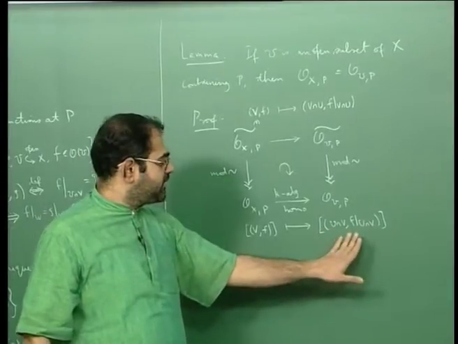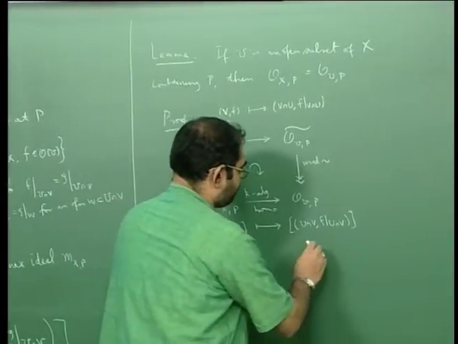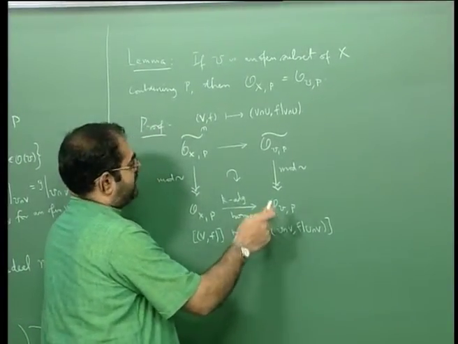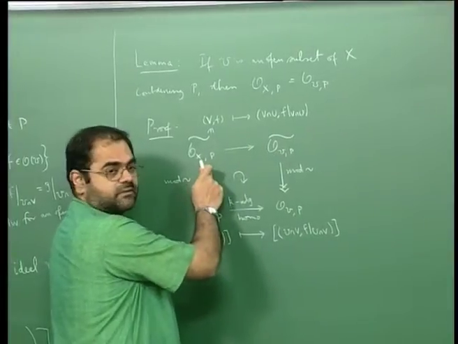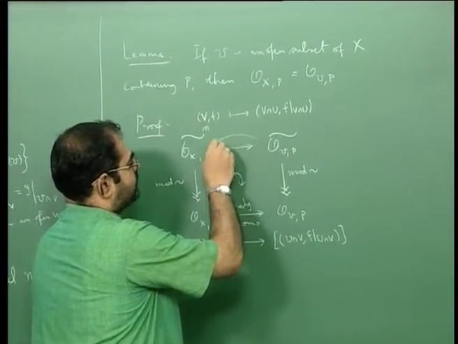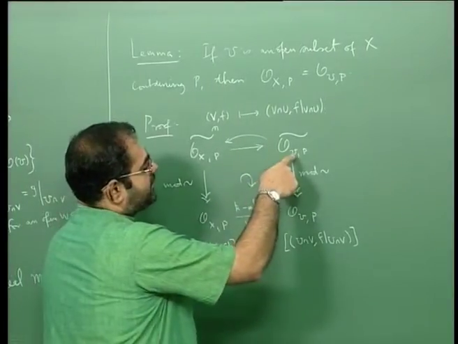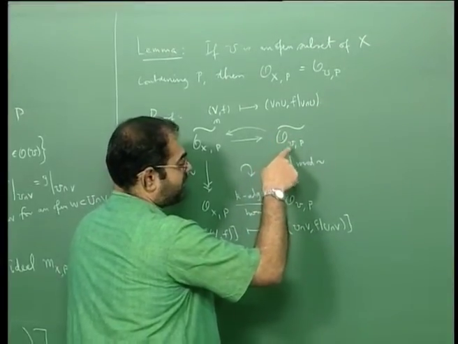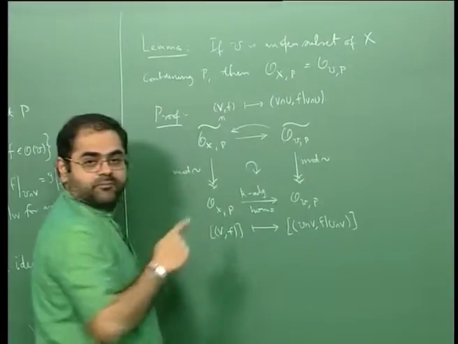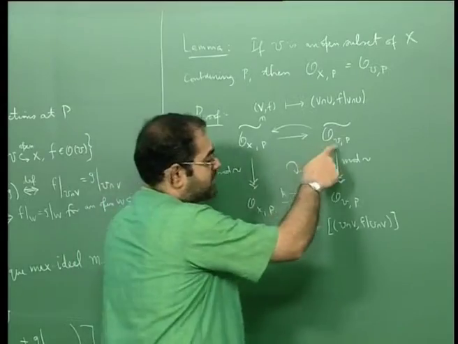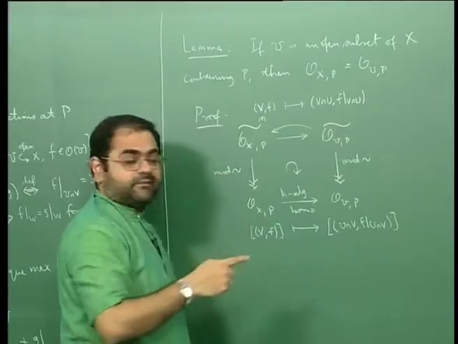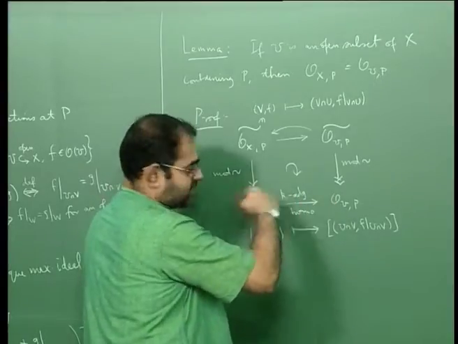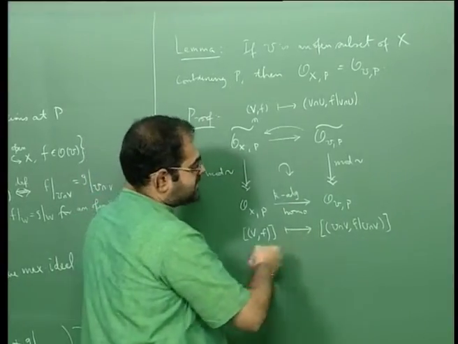And then how will you get surjectivity? If you give me anything here, the beautiful thing is anything here is also an element here. So actually there is a map in this direction also, namely if you give me any regular function defined on an open neighborhood inside U of P, that's also an element here. So there is a reverse map, and that is the reason why it's surjective.